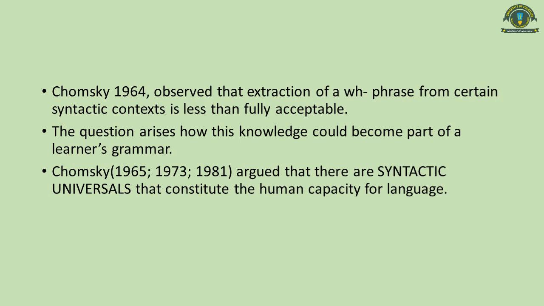Chomsky shows that in the above example, the extraction of the NP corresponding to the boy walking to the railroad station can be understood as a reduced relative modifying the boy. He concluded that who must be constrained in the structure. That's why it is written, Mary saw the boy walking to the railroad station, and who is constrained in this perspective in order to make a meaningful sentence. And this is the syntactic universal.